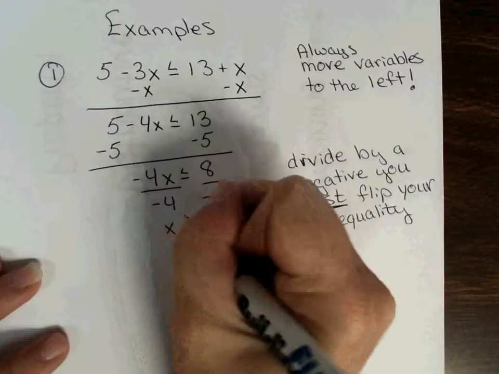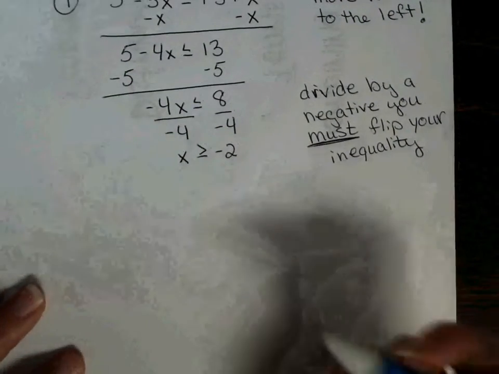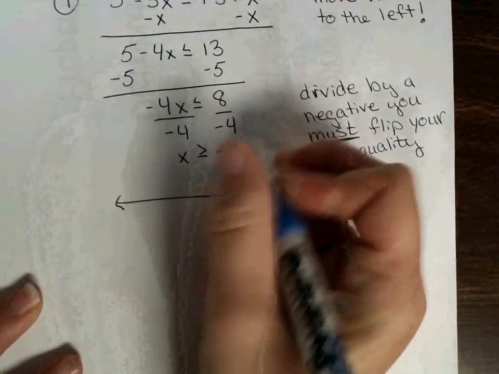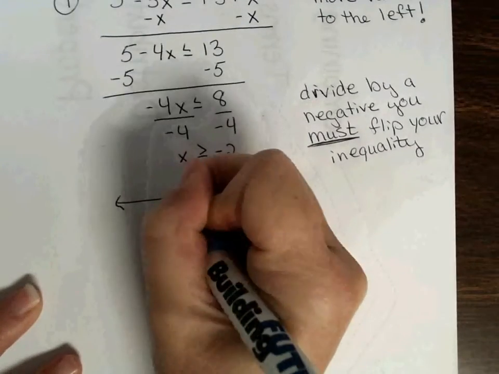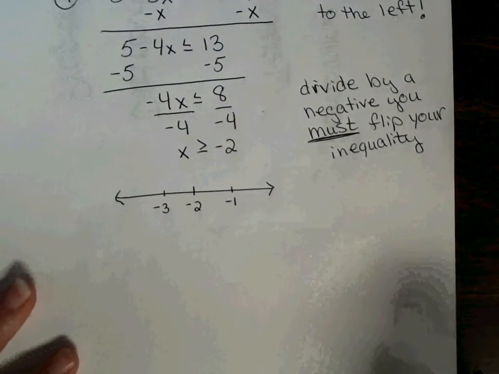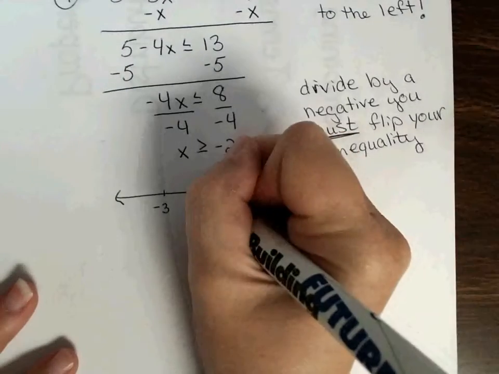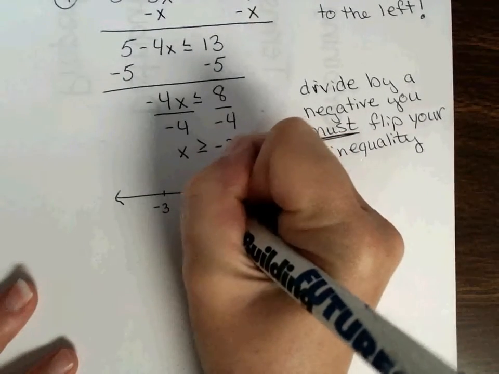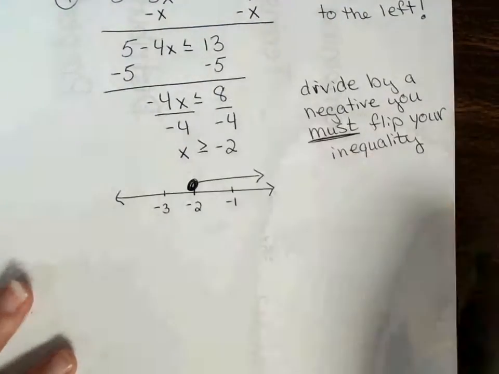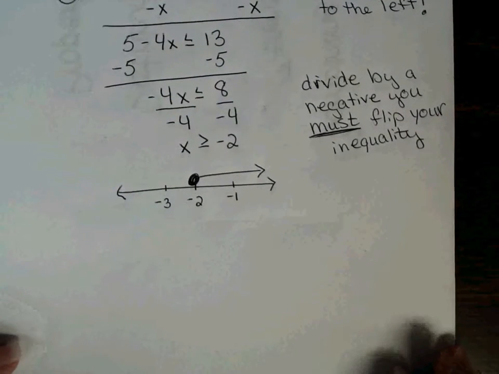So now this would be x is greater than or equal to negative 2. All inequalities you have to solve, and you also have to graph on a number line. So I will have a closed circle since it's equal to, and I will shade the way the arrow points, which would be to the right.